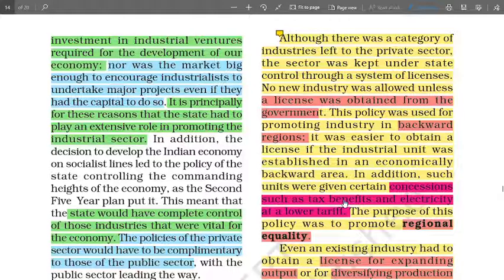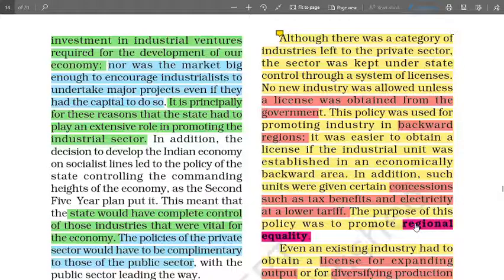Not only do you get a license quicker, but you will also get other benefits like concessions, less cost of raw materials, less tax, and electricity at lower tariff. So you'll get more benefit, and the country will also develop industries in rural areas. So this whole thing is called the policy on regional equality.